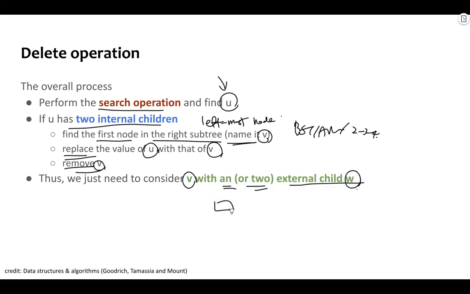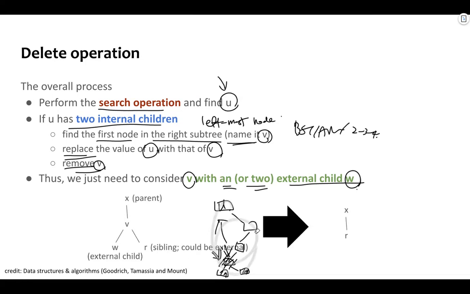Because when we want to delete some middle item, we find the leftmost item here and then exchange this node, U and V, and delete this node. And because this one is the leftmost child in the right subtree, this one has 1 or 2 external nodes. Okay, so this is the only case we need to consider when we are deleting.